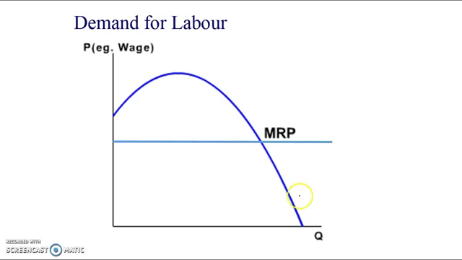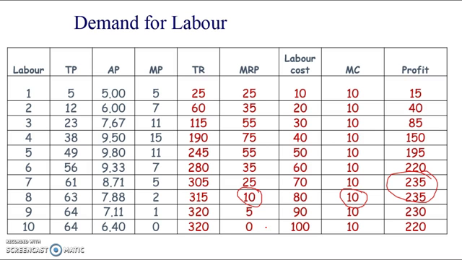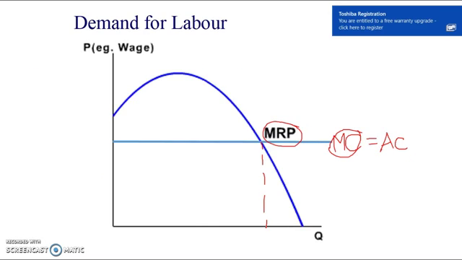So on a diagram, it's going to look like this. So marginal revenue product there, and this is our marginal cost here, which in this case, because it's totally elastic, is actually equal to our average cost. But the rule is that where marginal cost intersects this marginal product, that's the profit maximising output, and we can see that from those numbers on that previous table, and this is the point on the diagram.